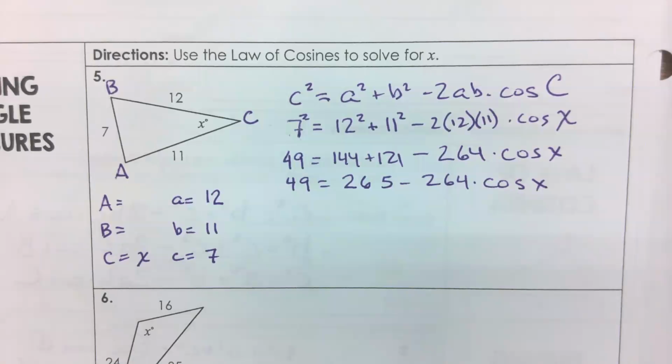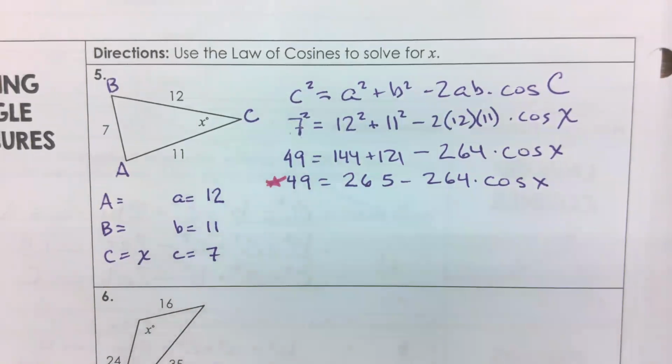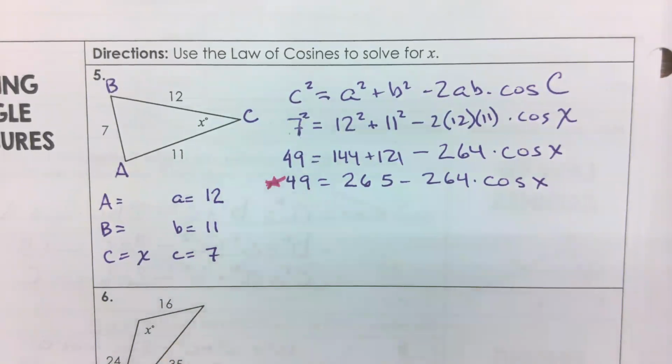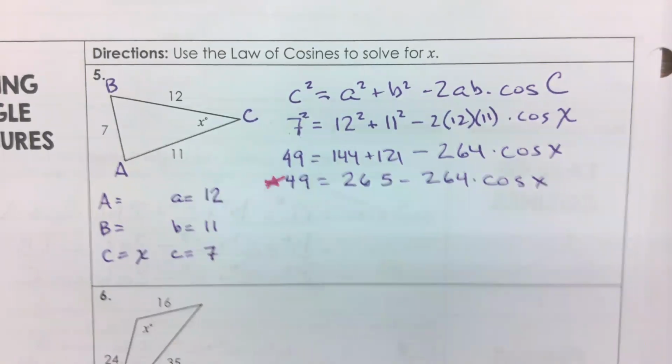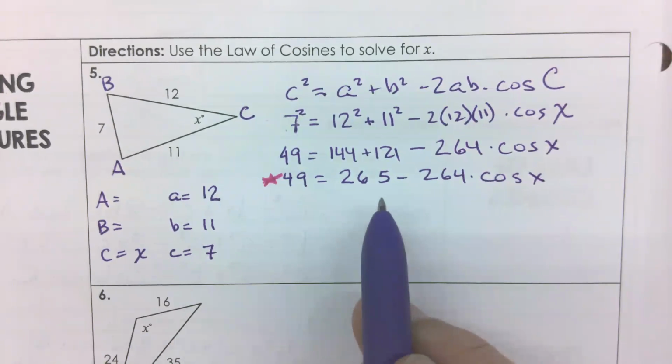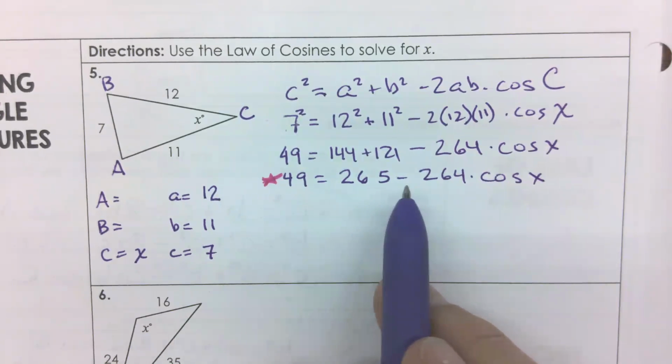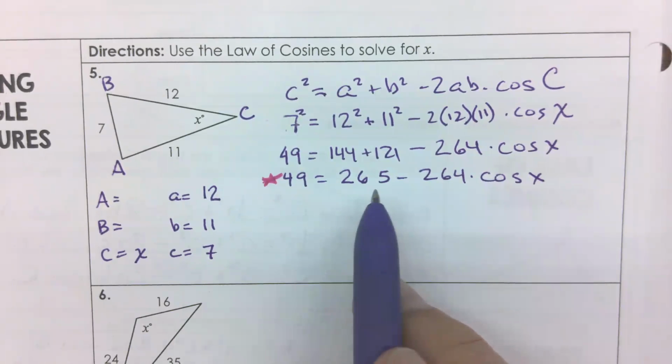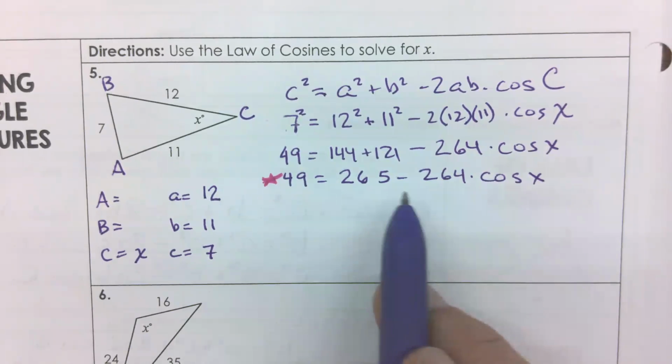Right here is where everybody makes mistakes. What's the next step? That's the mistake. We can't subtract 264 cosine of x from 265. It'd be like subtracting 264x from 265.